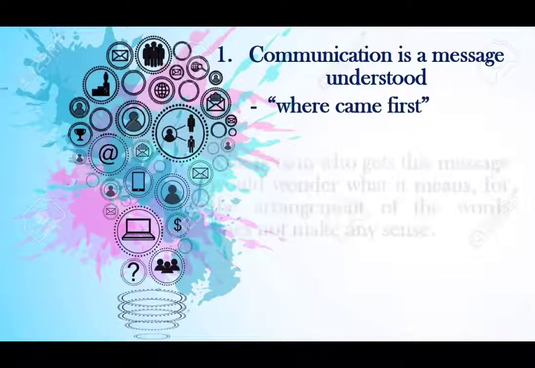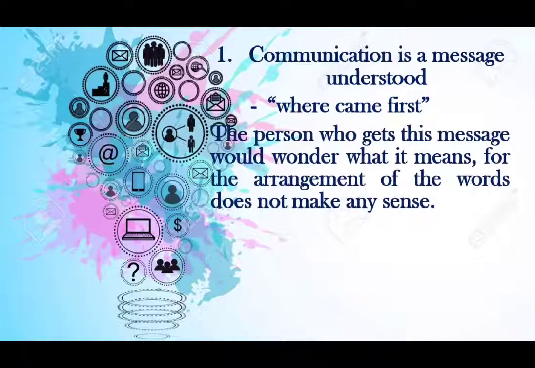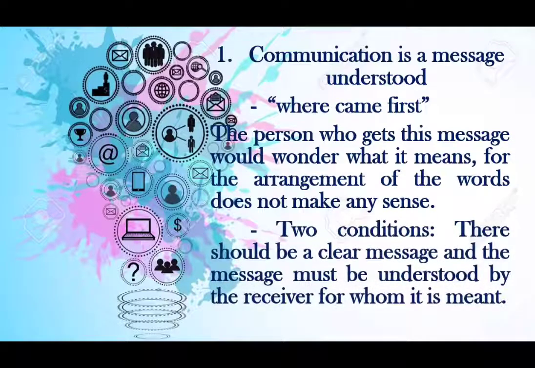The person who gets this message would wonder what it means, for the arrangement of the words does not make any sense. This message is sent, but the receiver does not understand it. Therefore, for communication to take place, we have to consider two conditions. First, there should be a clear message, and the message must be understood by the receiver for whom it is meant.